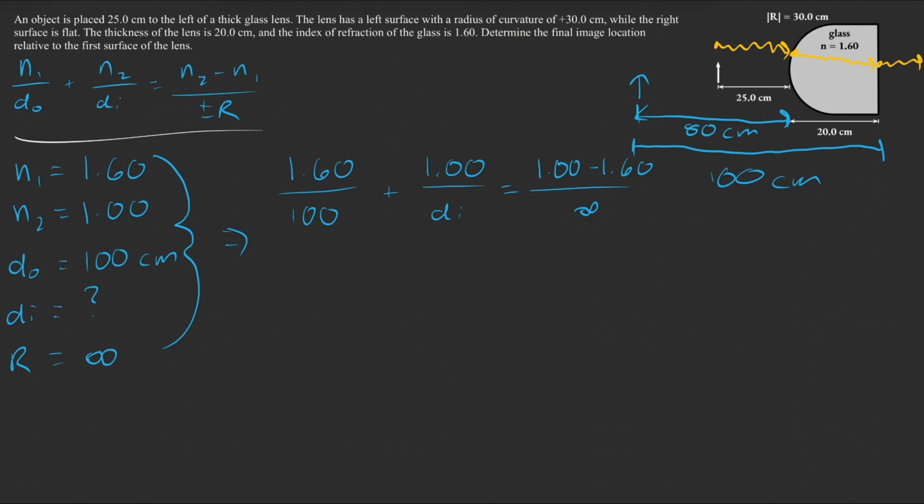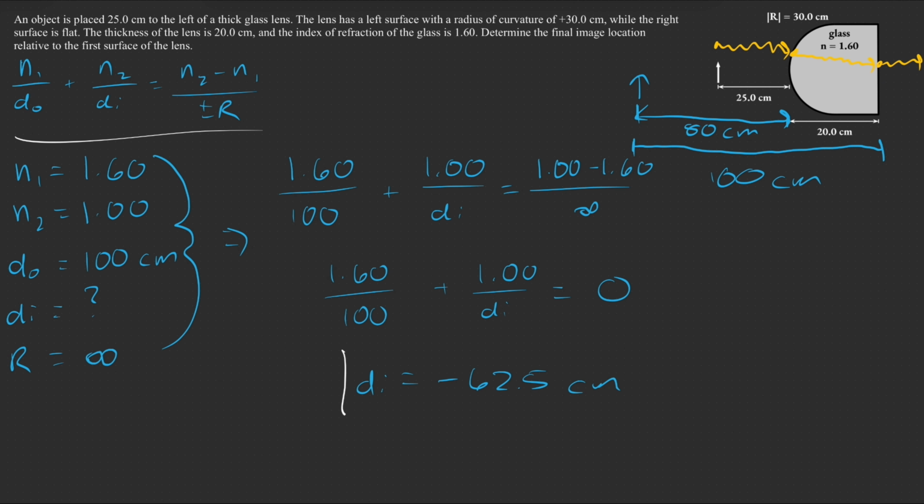So this simplifies down to 1.60 over 100 plus 1 over dI is equal to 0. Now, with a little bit of algebra, it gives us a dI value equal to 1.6 divided by 100, negative inverse, negative 62.5 centimeters.